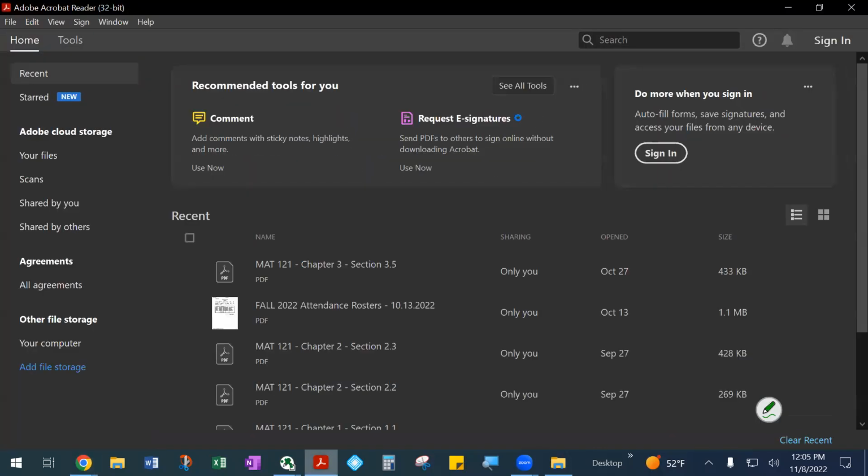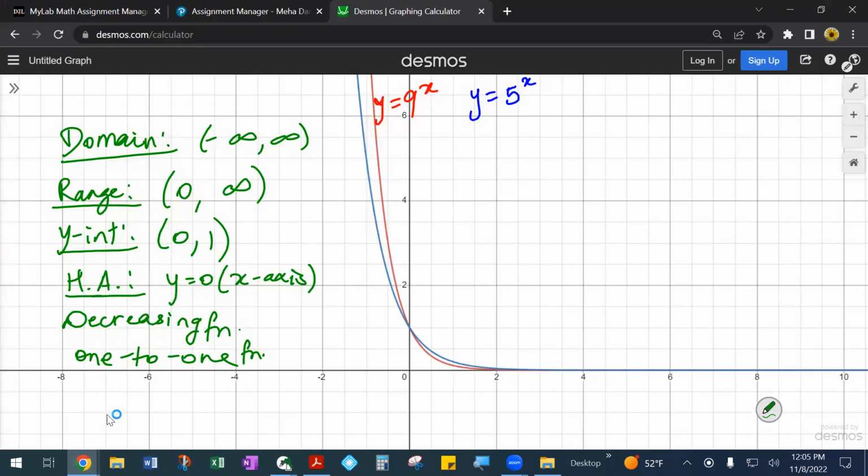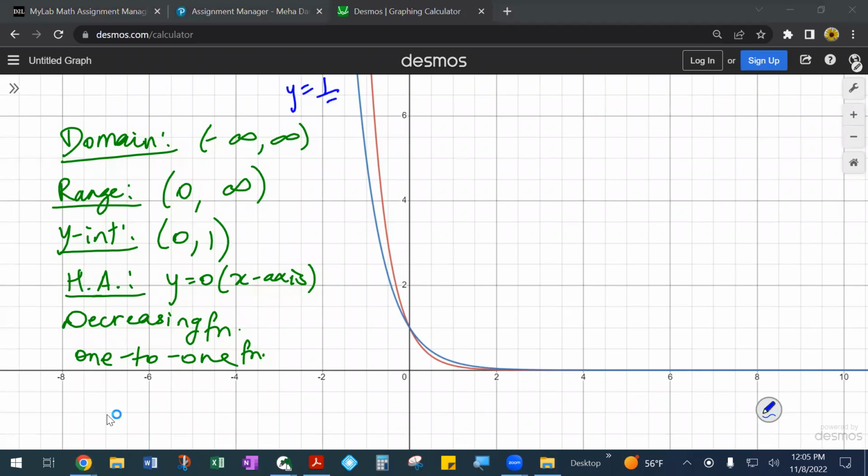And then of course, this guy is 1/5 x. The red is... so we understand the difference between if your base changes, how the graph will change.